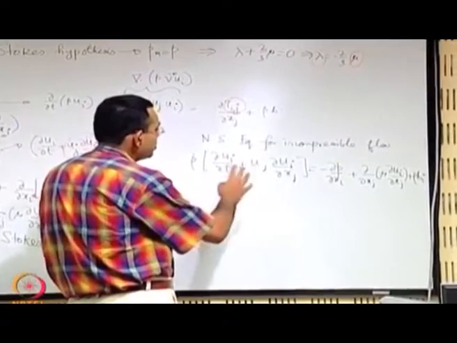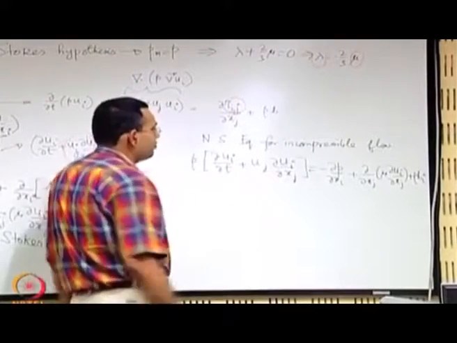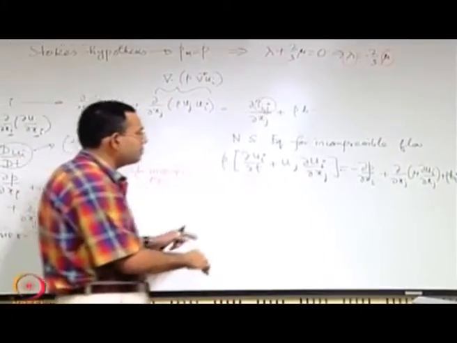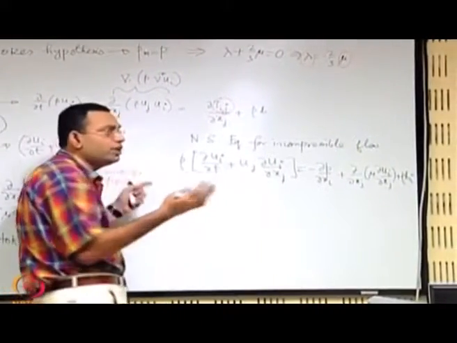So it is possible to write these in a vector form also. If you want to write these in a vector form, or let us first write it in the well-known UVW component form.